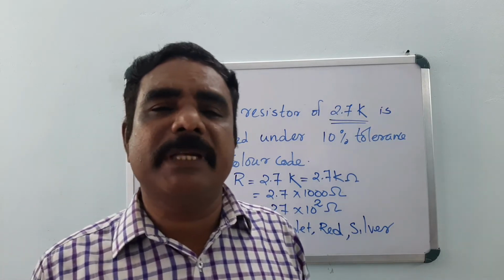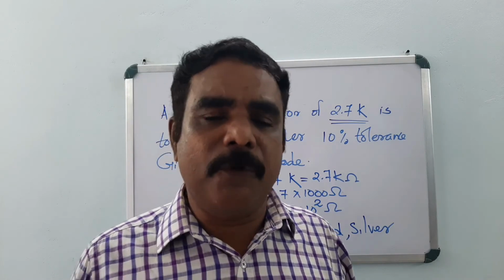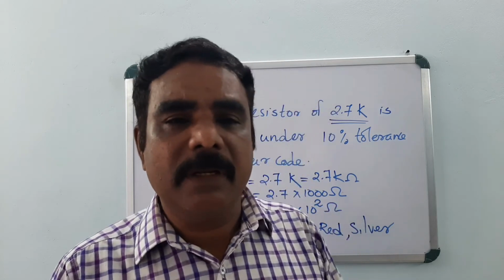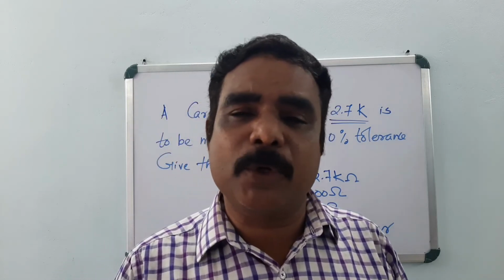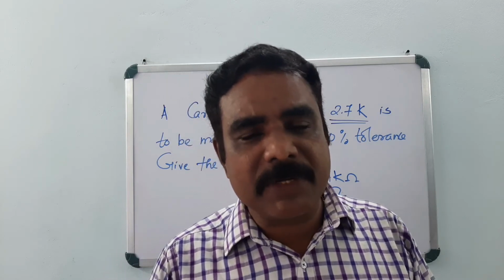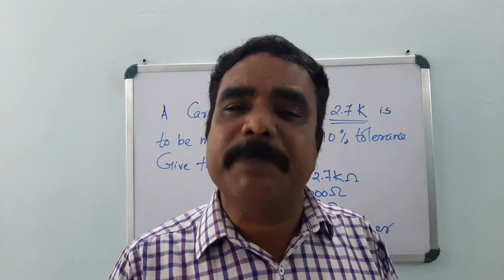So sometimes they may mention the color. All the four rings will be specified in the question. We have to calculate resistance and tolerance. Some question may be asking maximum possible resistance. Then we will calculate the resistance first. We will calculate its concerned tolerance in percentage.